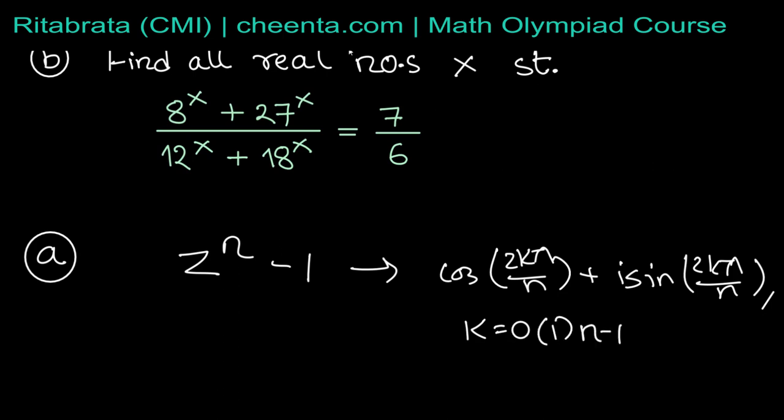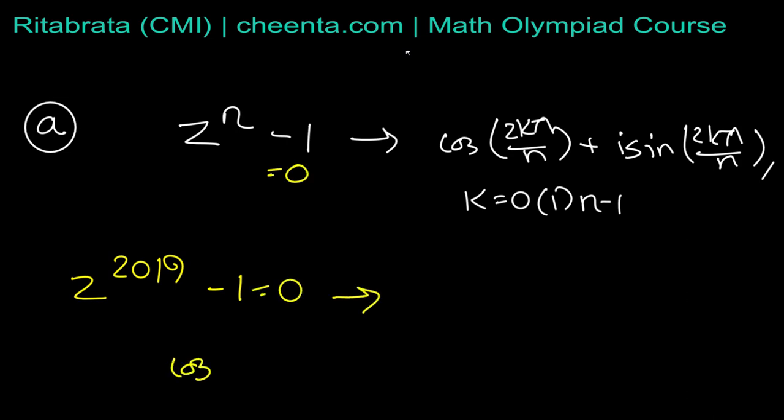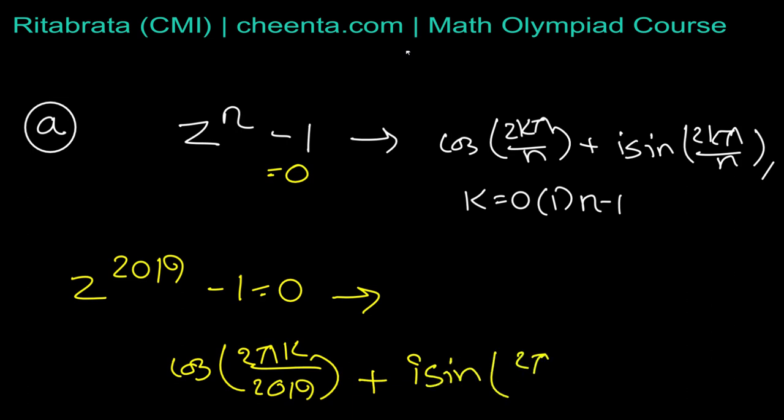So from here we can say that the roots of z to the power 2019 minus 1 equal to 0 look like cos 2 pi k by 2019 plus i sin 2 pi k by 2019 for some k.